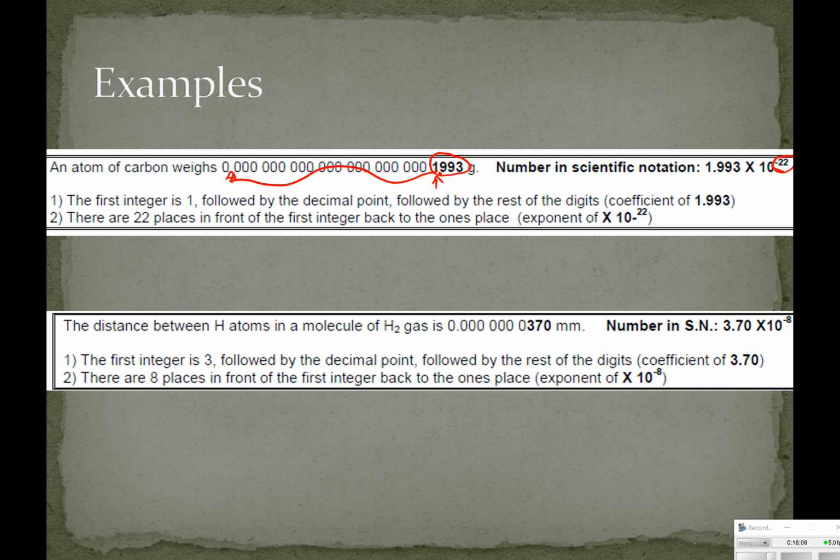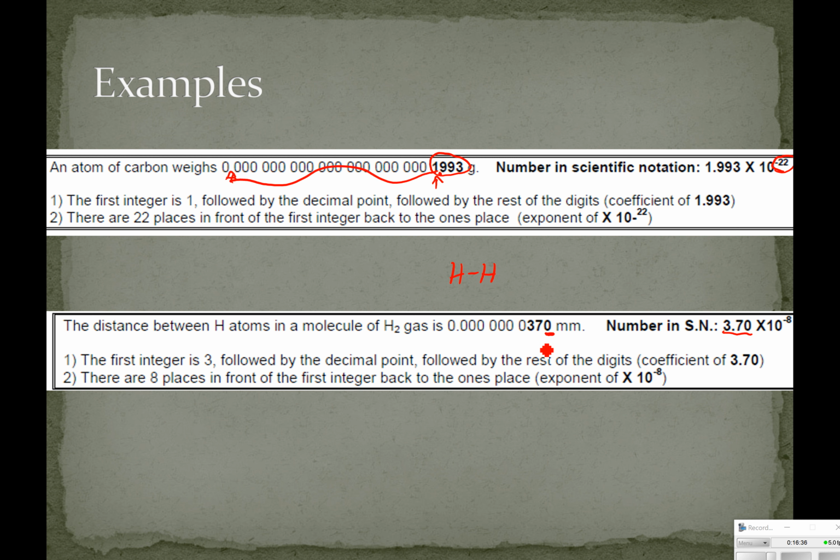Our distance between hydrogen atoms in a molecule of H2 gas is a really small number. In scientific notation, it's 3.70 times 10 to the minus 8th. Notice the 0 at the end of the number here. That is significant because it's coming to the right of non-zero numbers with a decimal in the number. So we include all of those in our scientific notation number.